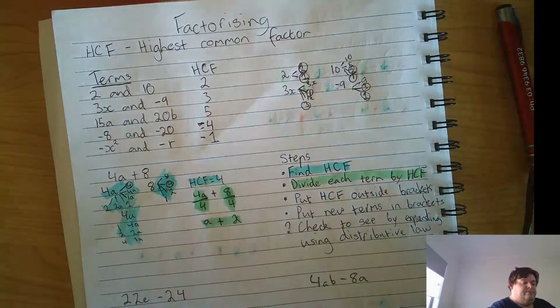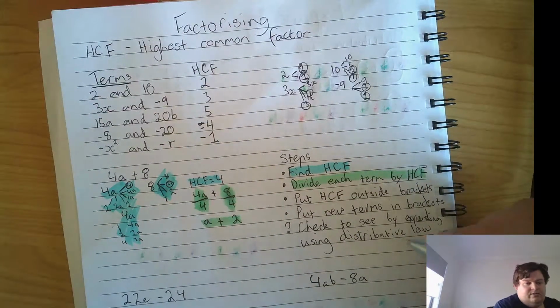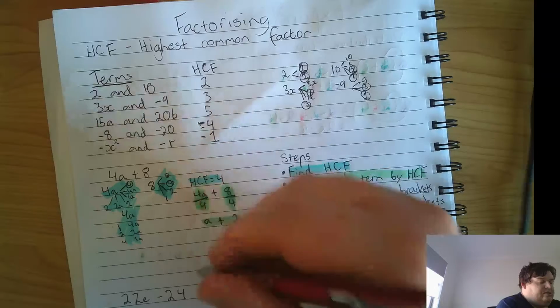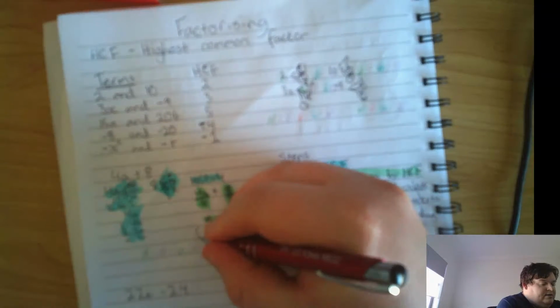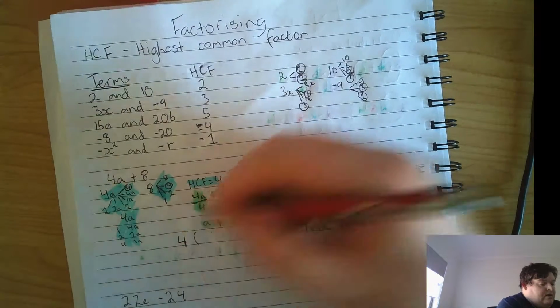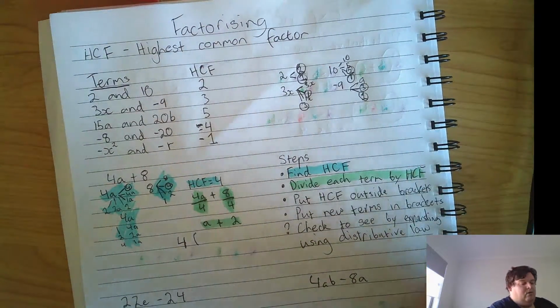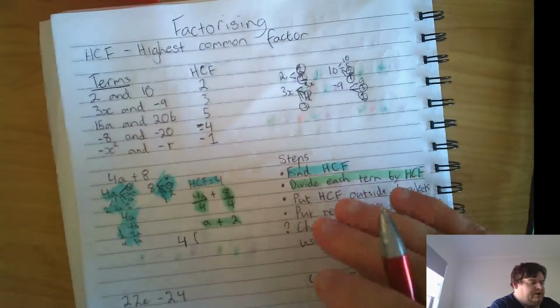So the next step says put the highest common factor outside some brackets. So outside some brackets, I'll just do this on the next line. I'm going to put the highest common factor, being 4. I'm not going to close this bracket yet, because I'm going to wait and see how long the expression inside is before I do that.